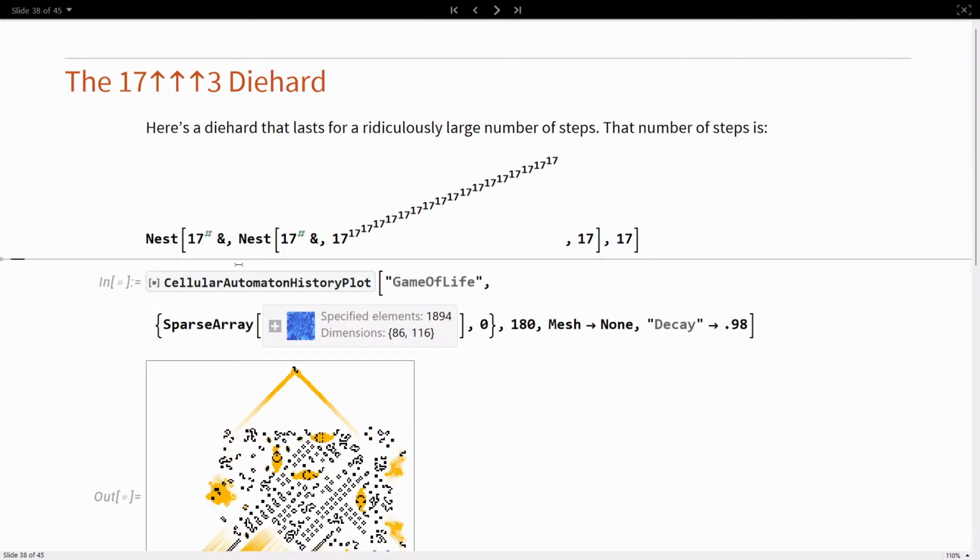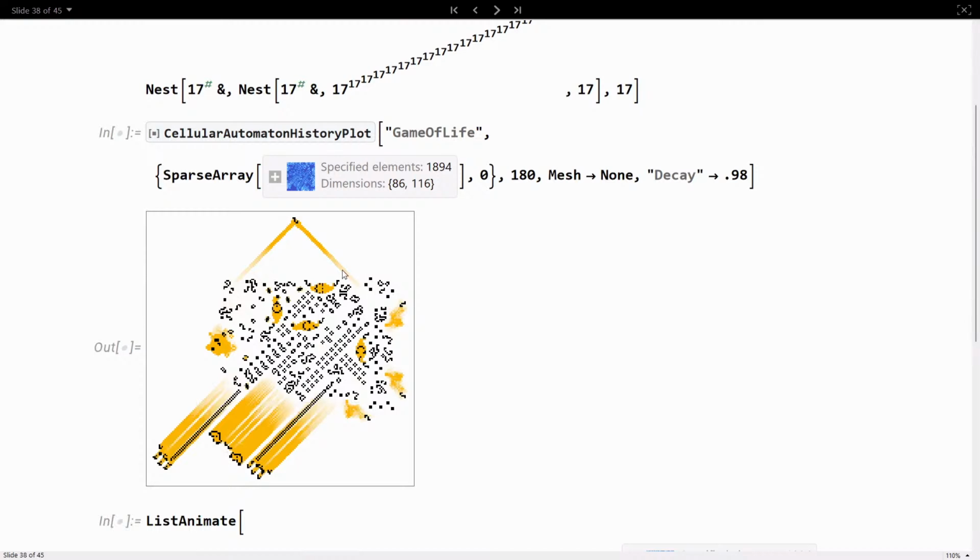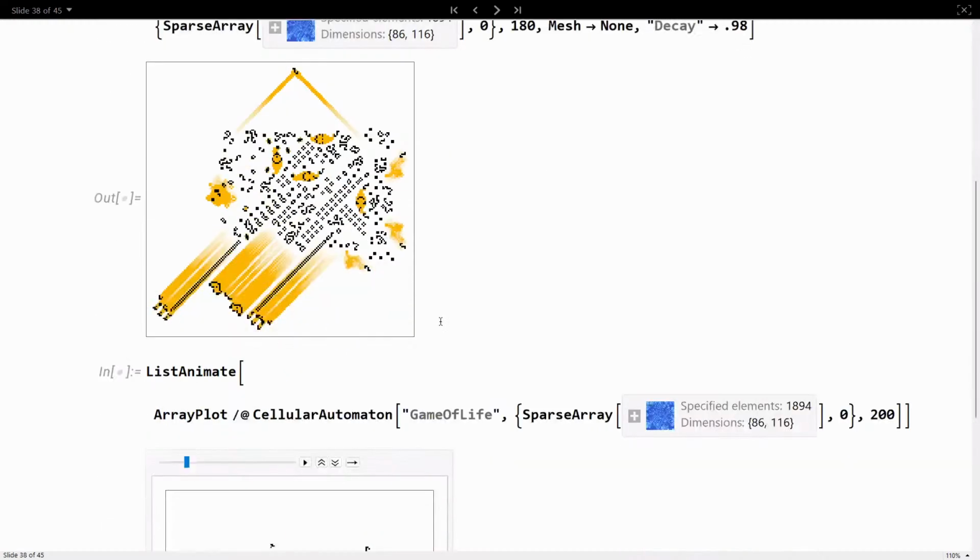So this is the largest number I've ever had to deal with in my life, other than infinity. I didn't know I would ever encounter something that used such a huge number. And it takes that number of steps for this one to completely die out. There's a proof that it does eventually die.